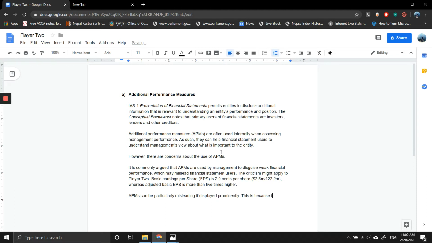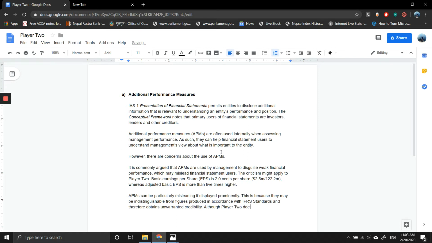This is because they may be indistinguishable from figures produced in accordance with IFRS standards and therefore obtain unwarranted credibility. People might believe it.